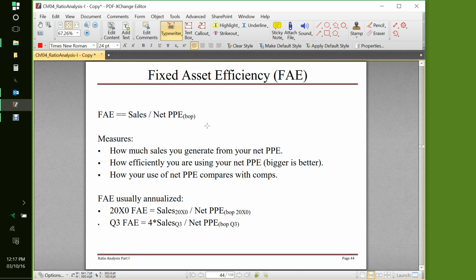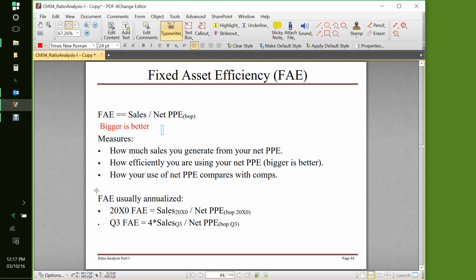And we also want to look at this historically for our company to say, is our use of our PPE getting more efficient, less efficient, or staying the same? If it's becoming more efficient, what does that mean? Bigger is better here. It's going to be growing, right? So let me put in bigger is better. We want to squeeze out as much sales as we can out of our PPE.